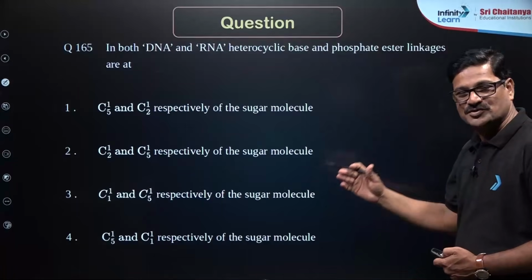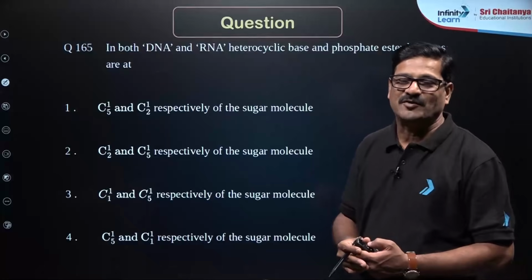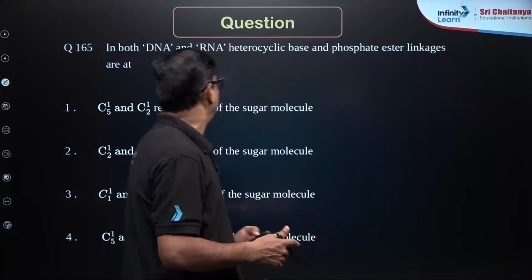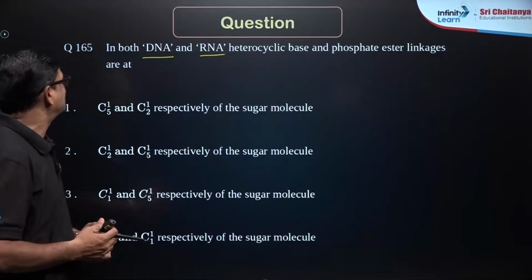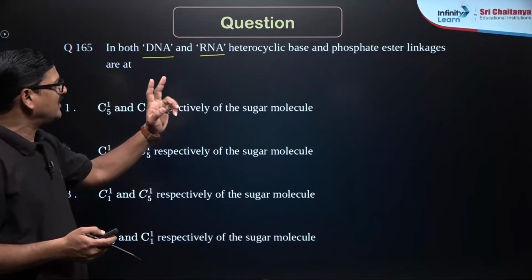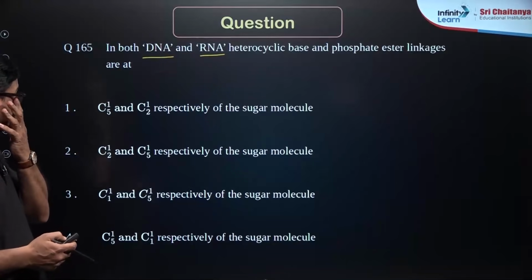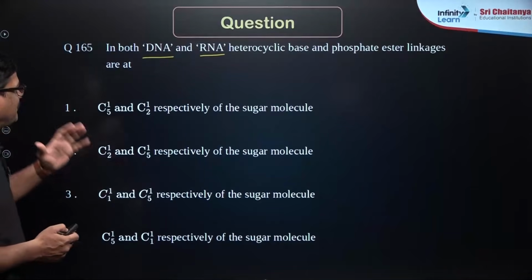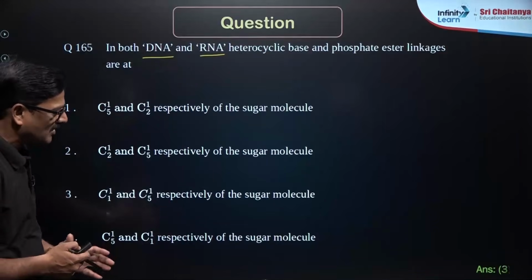Students, here it is a question from biomolecules, nucleic acid. You are all bio students. You understand the difference between DNA and RNA, heterocyclic base. In both DNA and RNA, heterocyclic base and phosphate ester linkages are present at C1 and C5 respectively of the sugar molecule.